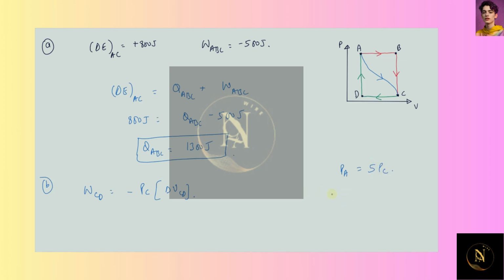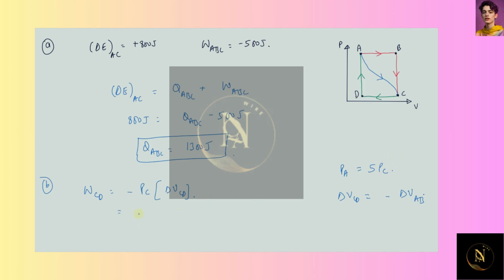Now we know that the change in volume for CD will be equal to minus of the change in volume in AB, and PA is equal to 5 times PC.